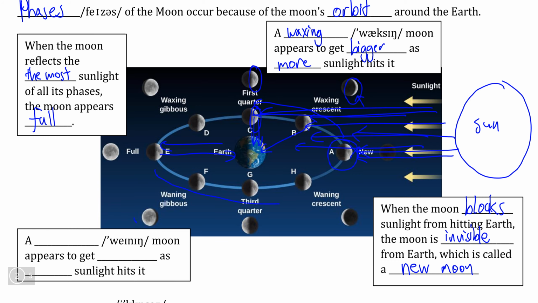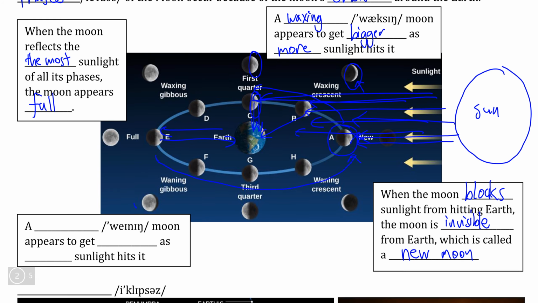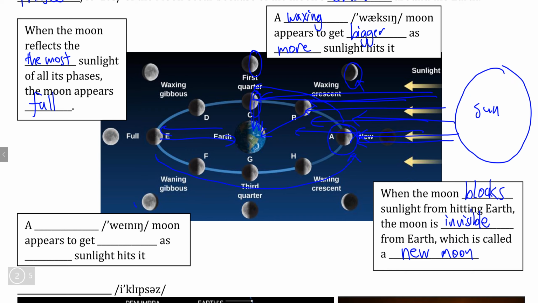Finally, in the latter half of its orbit, this has the exact opposite happening. As the moon gets closer to its original position at the new moon, we call it a waning moon, where the moon appears to get smaller as less sunlight hits it and is therefore reflected back to Earth, causing the moon to appear to get smaller.